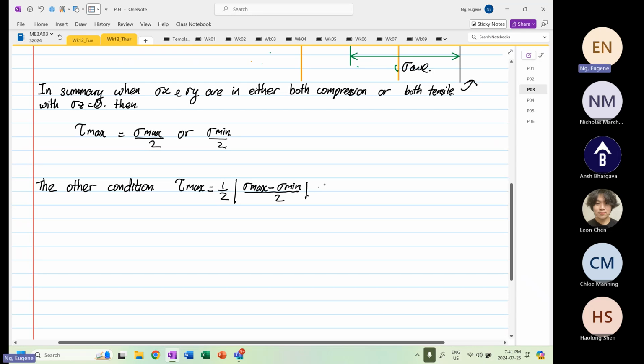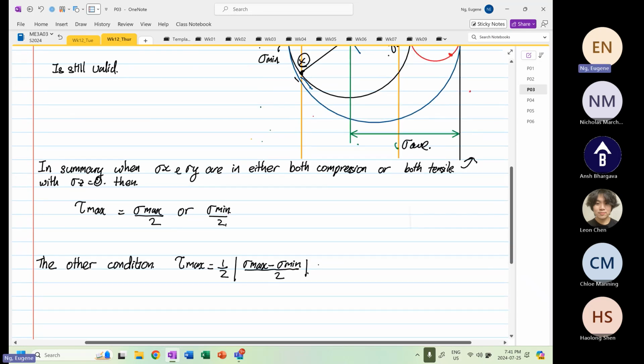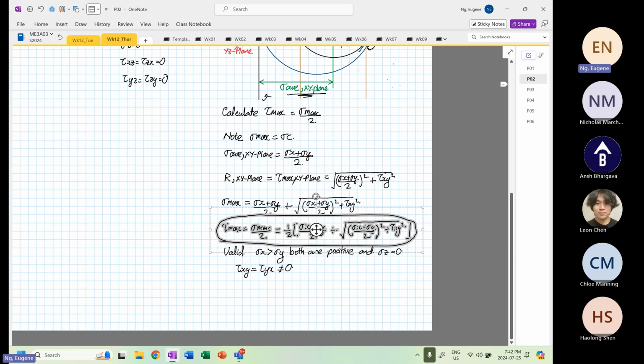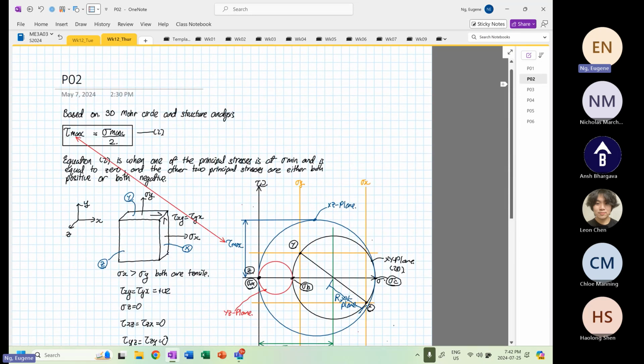So this is our equation number, I think this should be equation number 3. Yes, our equation number 3.